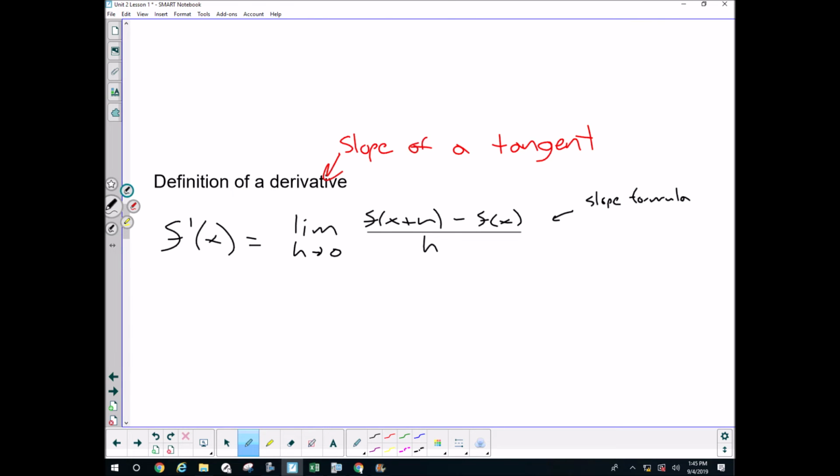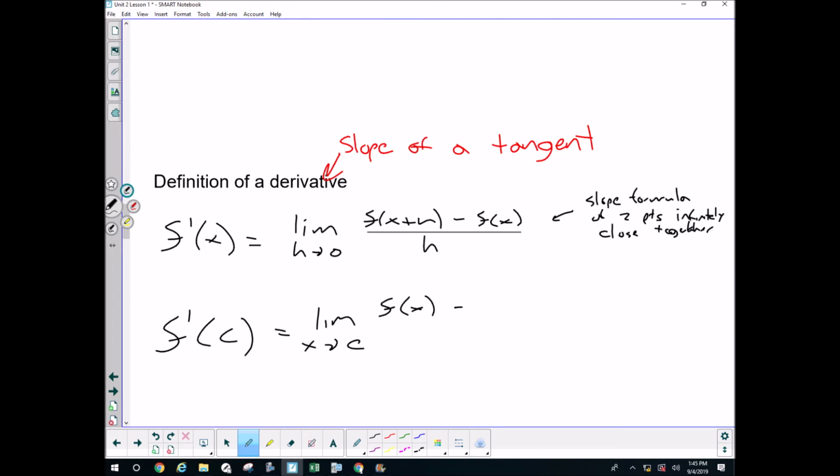Hold on, I'm not done. They have an alternate, which is also the slope formula of 2 points infinitely close together. This time, not just at any random x location, this time at c.